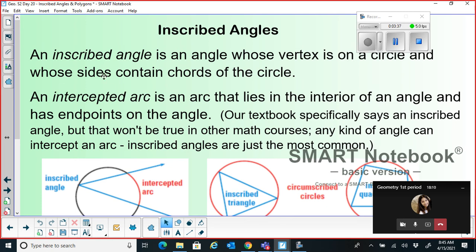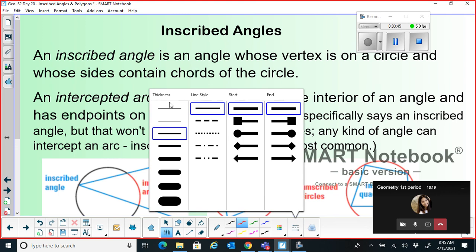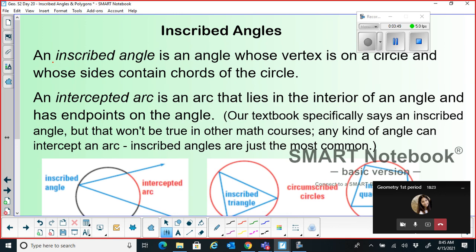The inscribed angle is an angle whose vertex lies on the circle and whose sides are chords of the circle. That's your inscribed angle. Vertex lies on the circle and these are the chords. In the same way, this is also an inscribed angle, this is also an inscribed angle, and this is also an inscribed angle.